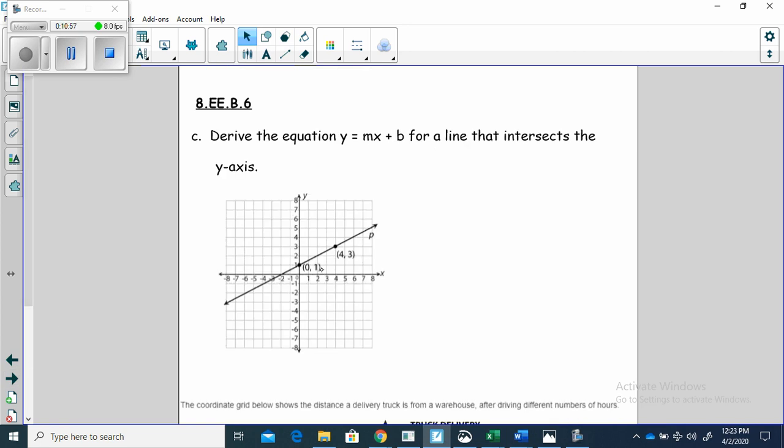Now, let's look at the third part to this particular standard. Derive the equation y is equal to mx plus b. See, we've been starting with this for a line that intersects the y-axis. Now we're not intersecting at 0, 0. We're intersecting somewhere else. Let's write the equation. Y is equal to mx plus b. Our b is where it crosses the y-axis, and that's right here at 1.